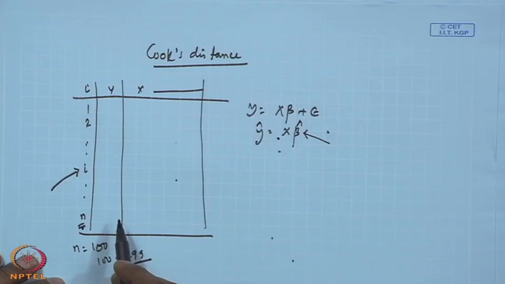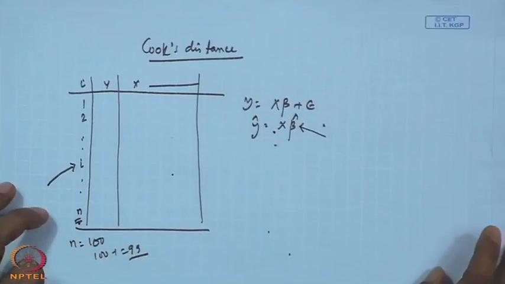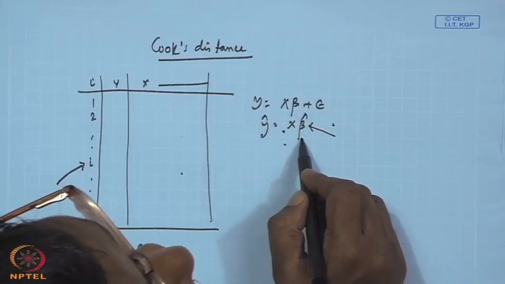If that point does not belong to the general mass, that means it is a leverage point with respect to x, definitely we are talking about x space, then it will affect the beta estimate.